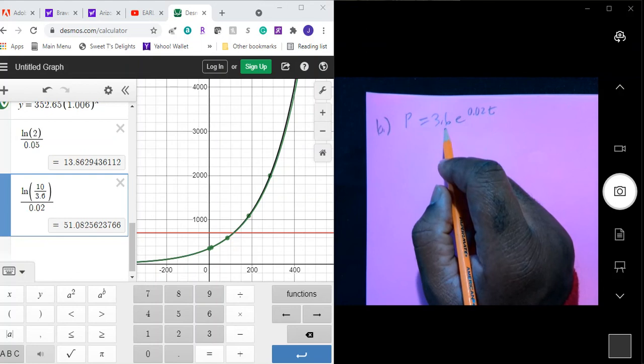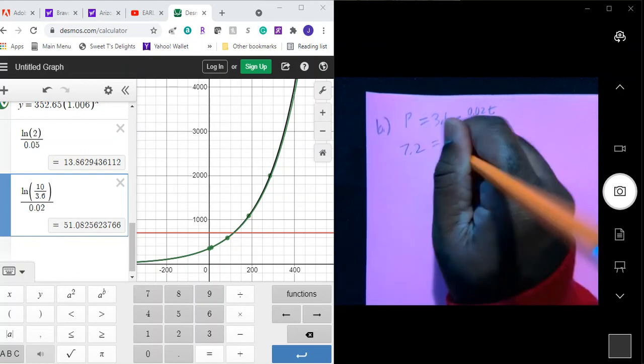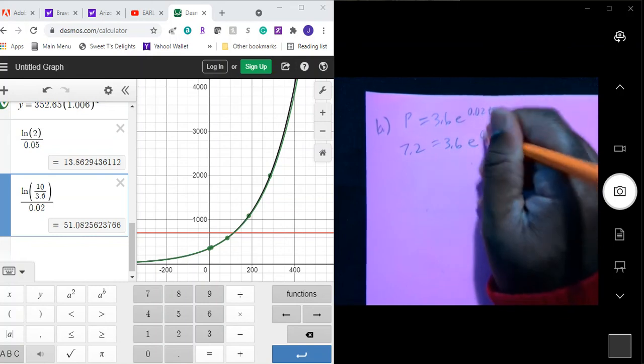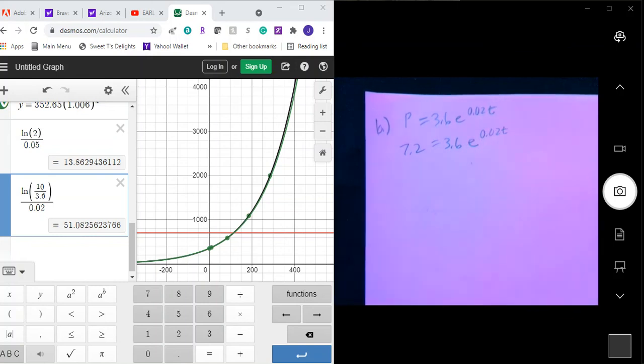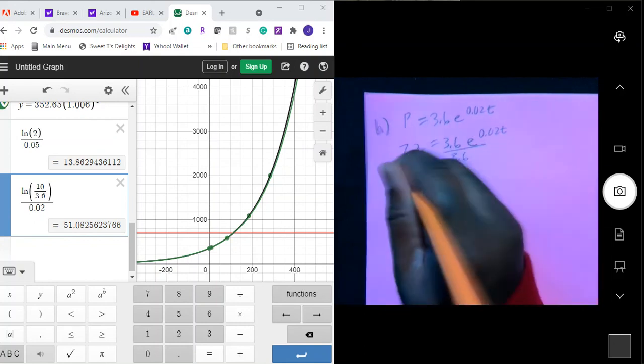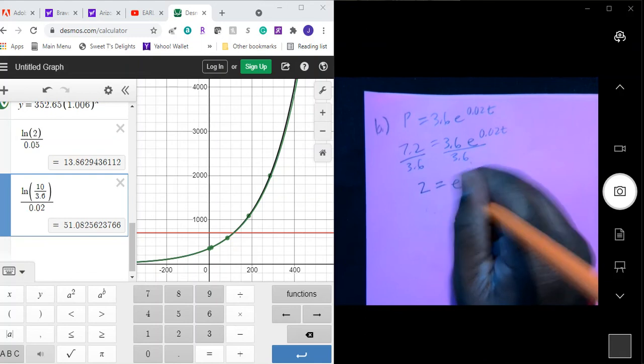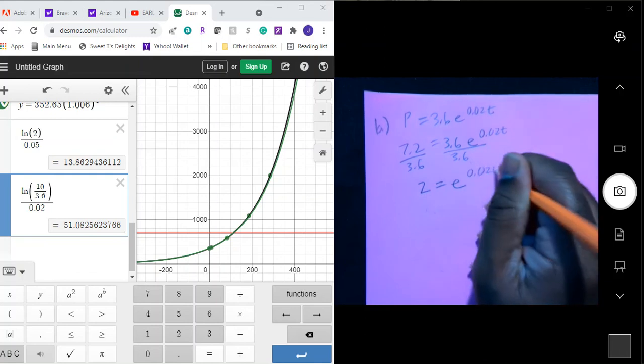So to double that, it'll be 7.2. So 7.2 equals 3.6 e to the 0.02t power. We divide each side by 3.6, so this would be 2 is equal to e to the 0.02t power.